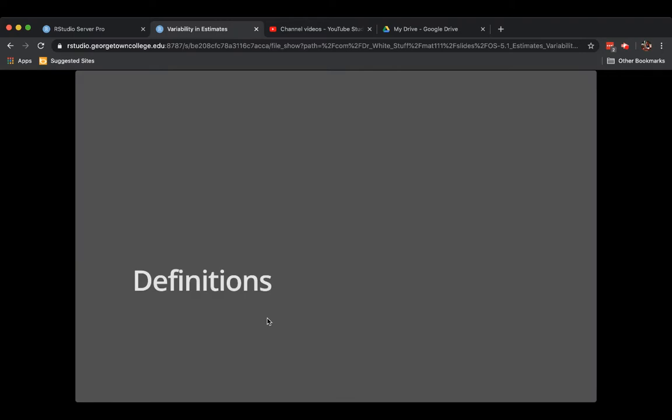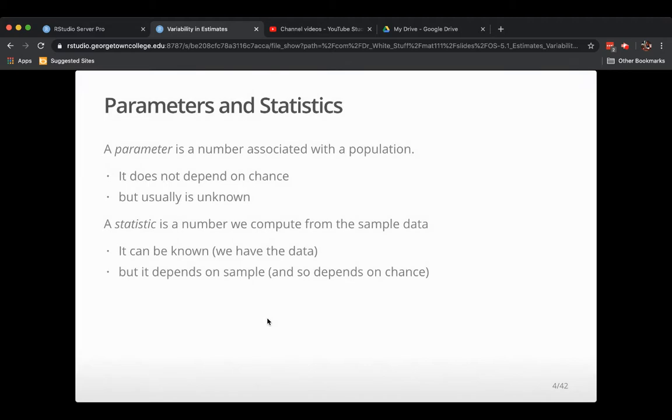So I need to give you some definitions of some new concepts. Parameters and statistics. First of all, parameter. A parameter is a number associated with the population. It does not depend on chance, but usually it's unknown.